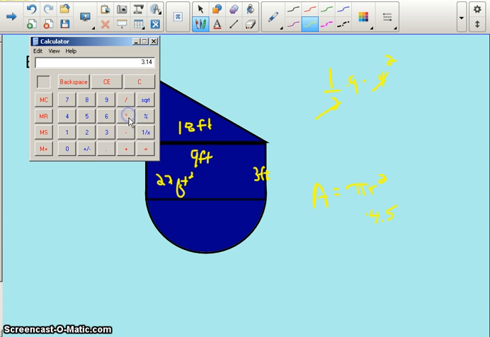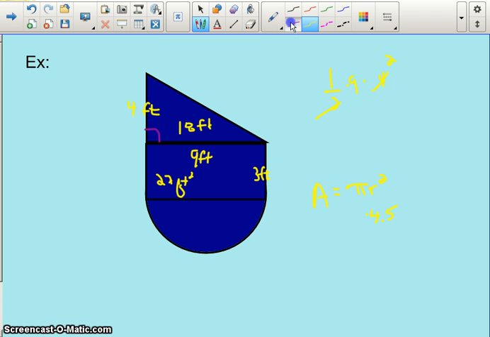So I'm going to put 3.14 times 4.5 times 4.5, and that's going to give us the area we need, 63.6.